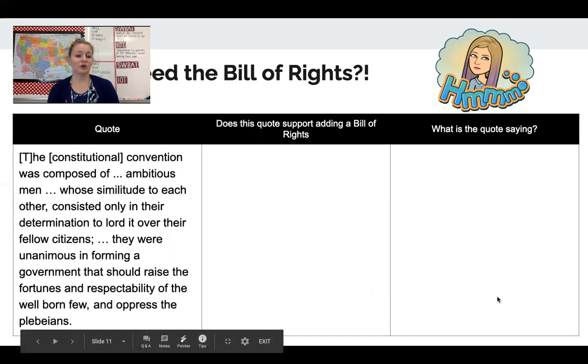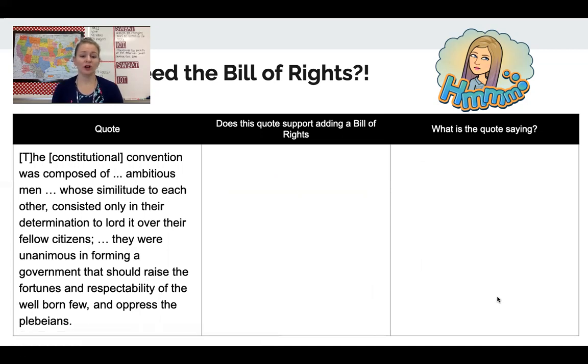The Constitutional Convention was composed of ambitious men whose similitude to each other consisted only in their determination to lord it over their fellow citizens. They were unanimous in forming a government that should raise the fortunes and respectability of the well-born few and oppress the plebeians, which is just a fancy way of saying the common people.